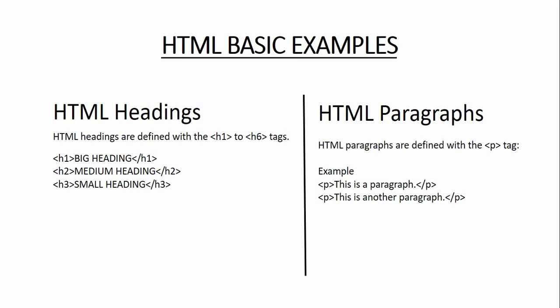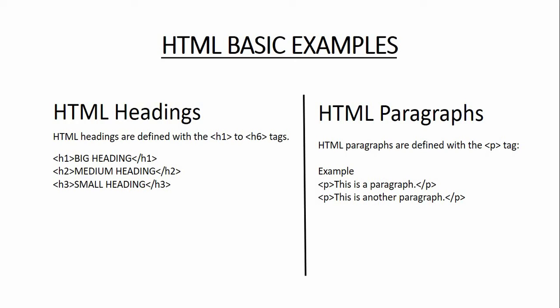So when speaking about heading, you can see here H1, and in the middle you get the big heading, and then a closing H1 tag, and the same goes with H2 and H3, H4, and like that it goes on to H6. So when explaining these, it says that the HTML headings are defined with the H1 to H6 tag.